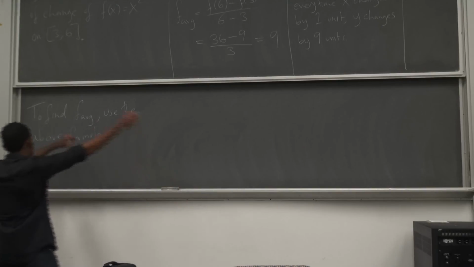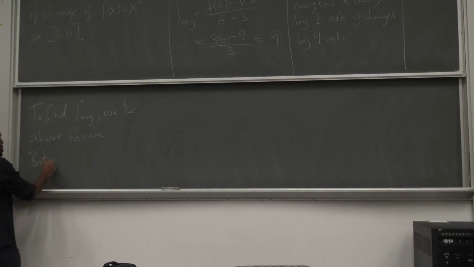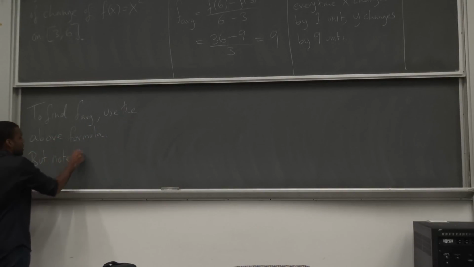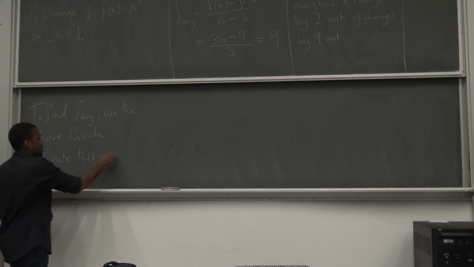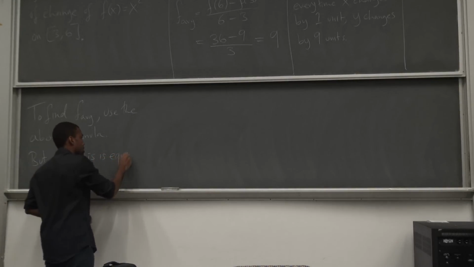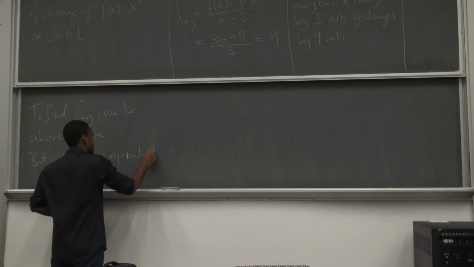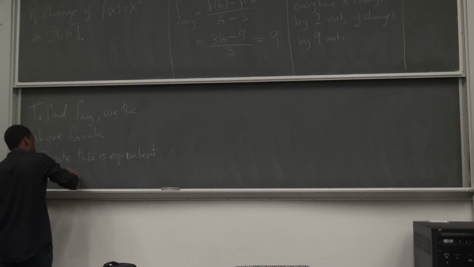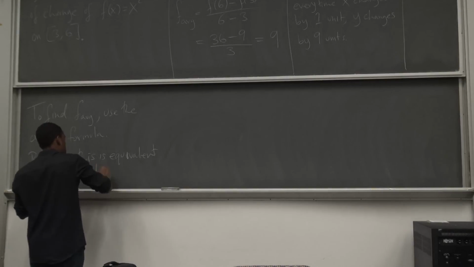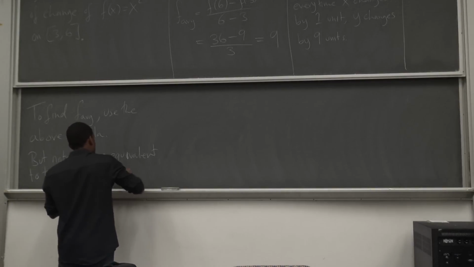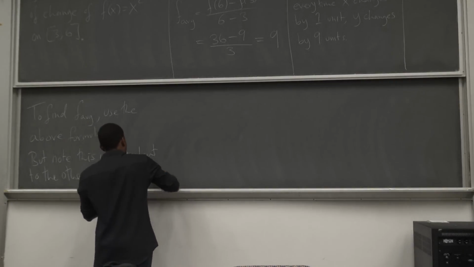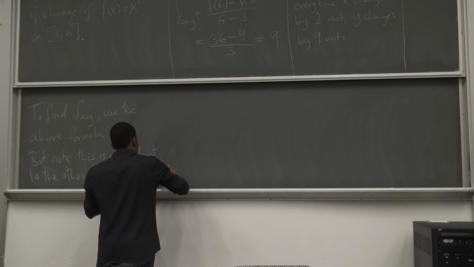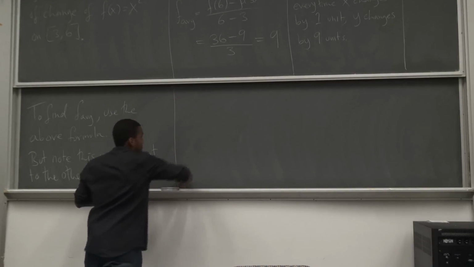So I'll just mention it here so you can start thinking about it. But note, this is equivalent to the other difference quotient. The idea is I just rename the things.